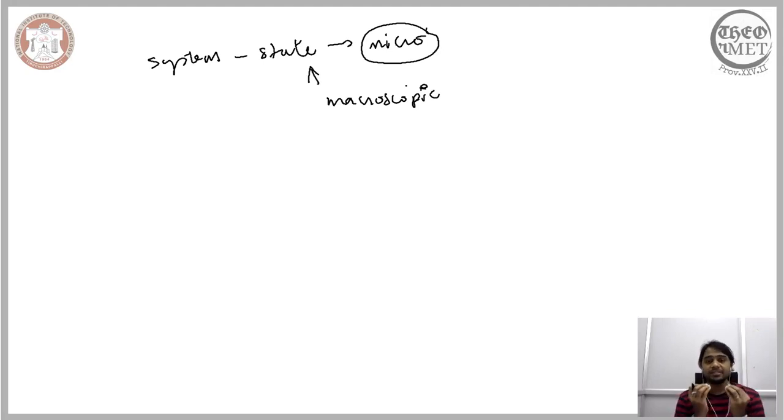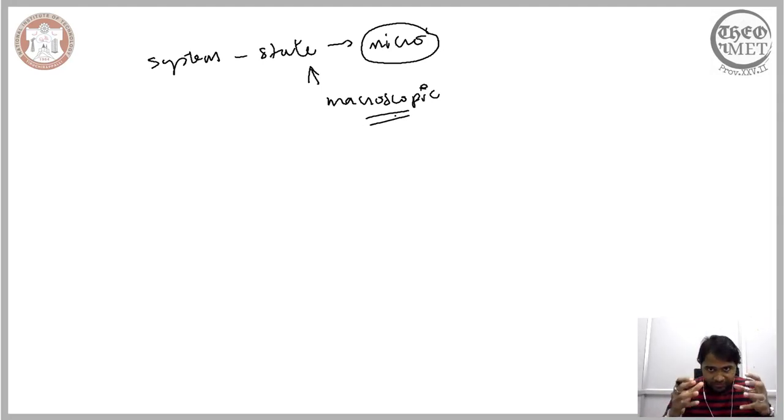Now the reason why we are able to describe a state of the system on a macroscopic scale using a specific set of variables is because when you fix these variables that you use to describe the system, the state of the system is fixed. This allows us to describe the state of the system using these macroscopic variables.